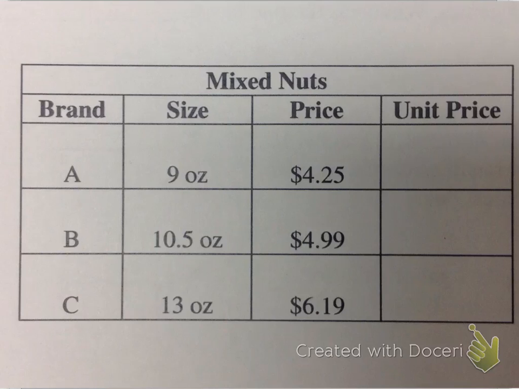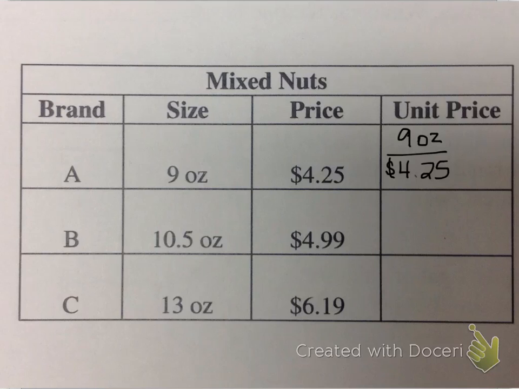So if we want to find out the unit price, then it's going to be 9 ounces divided by $4.25. So 9 divided by 4.25 is 2.11.